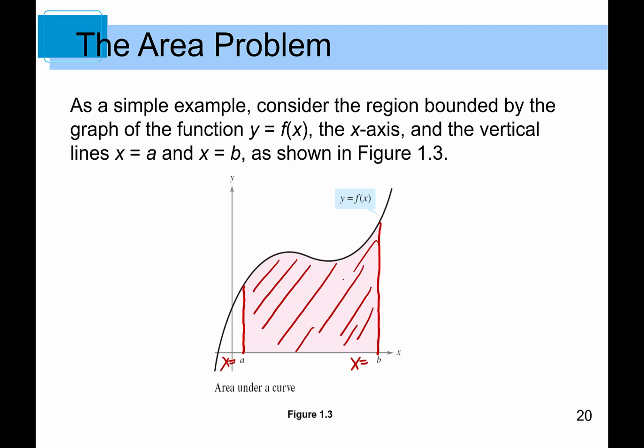And using the calculus knowledge we're going to learn later, we'll be able to find the area bounded by graphs of any functions. This case is bounded by the x-axis, x equals a, x equals b, and the function f of x for this particular region.